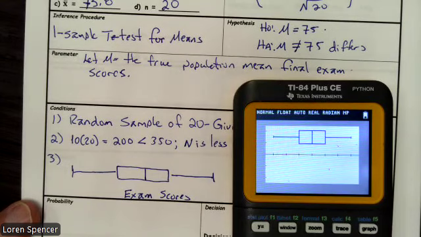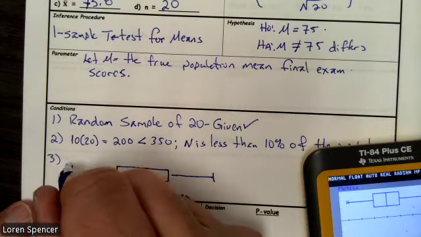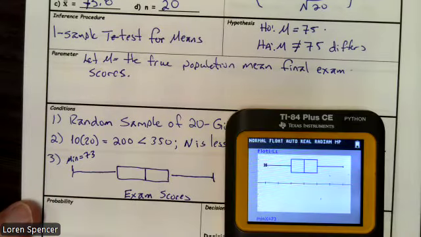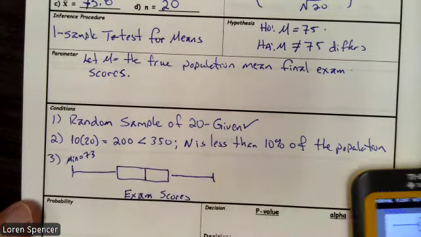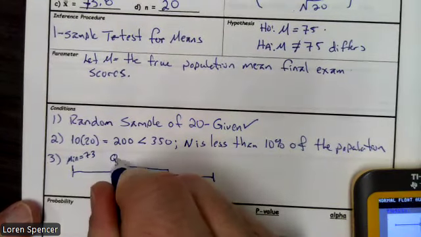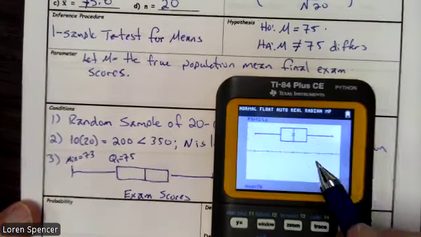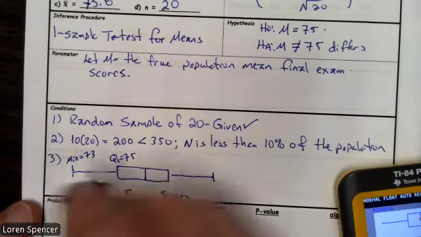And I'm going to press the trace feature and go right here and go, oh, min is 73. Arrow 1 over. Q1 is 75. Median, 76.